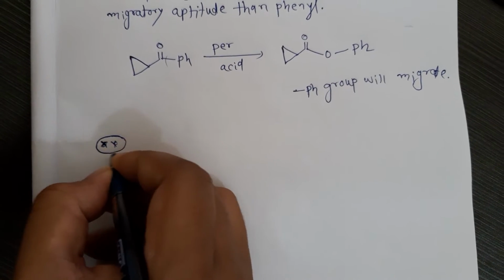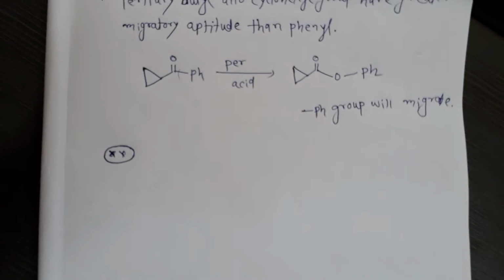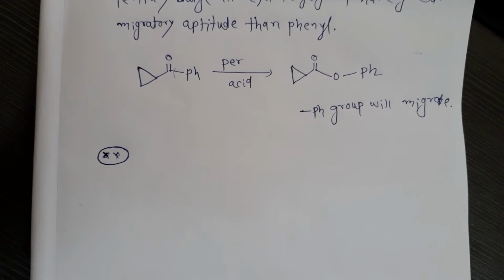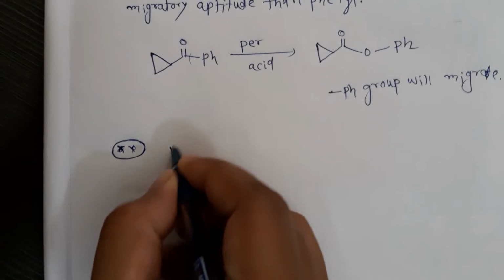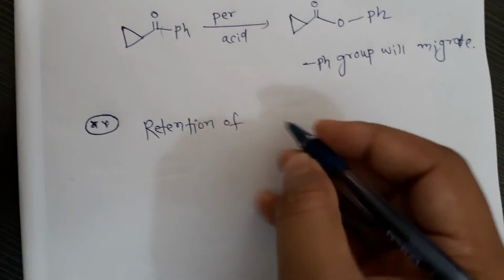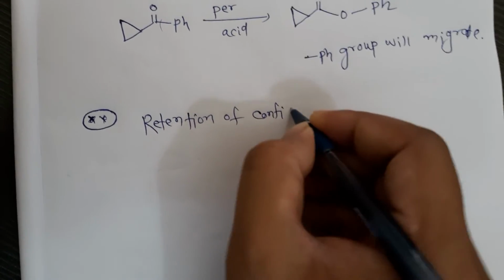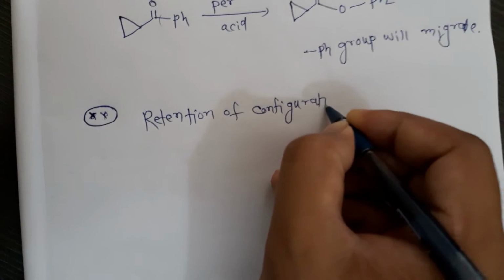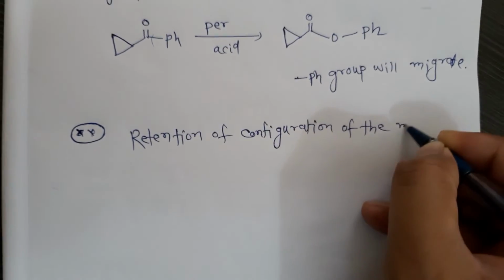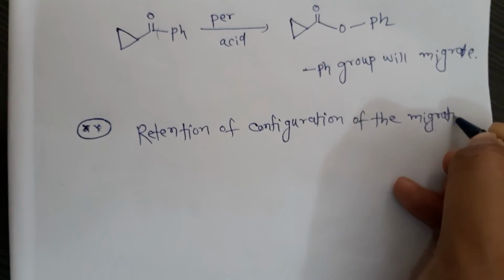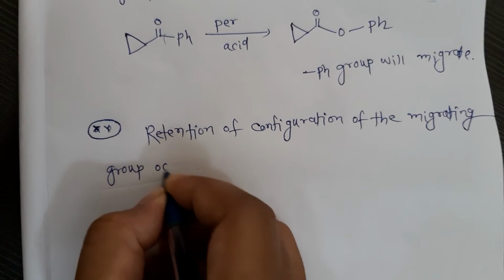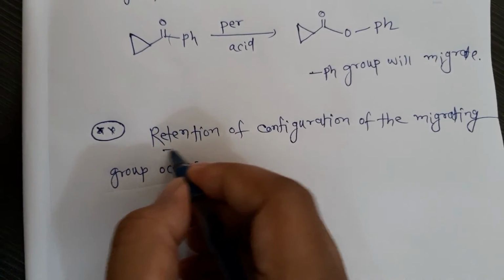Please note down this important point: retention of configuration of the chiral center at the migrating group occurs.